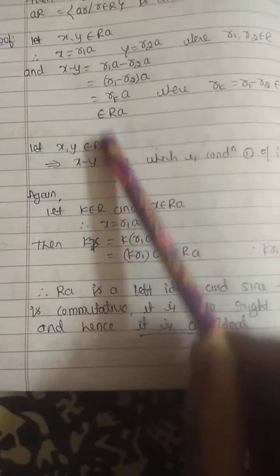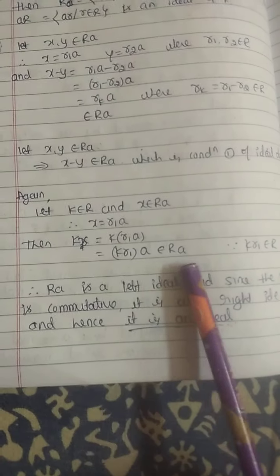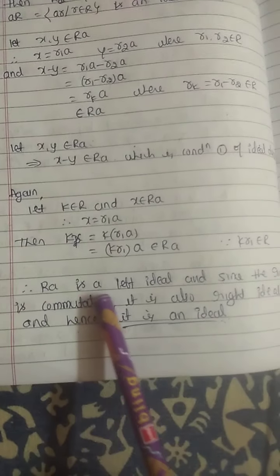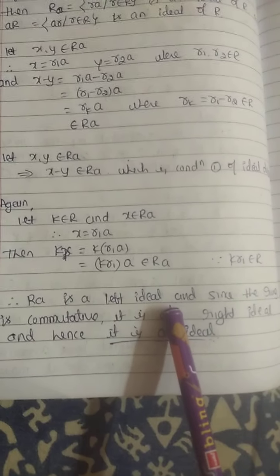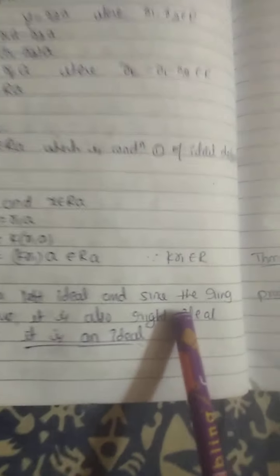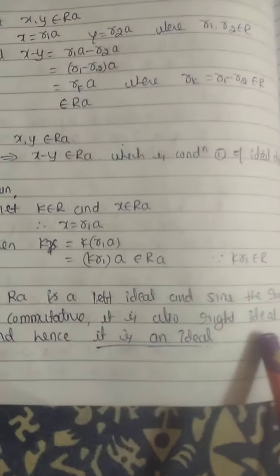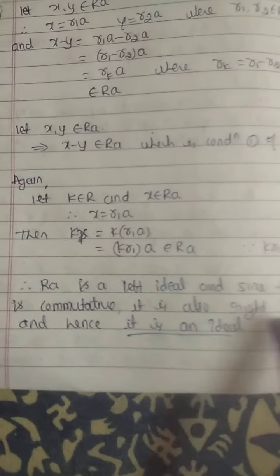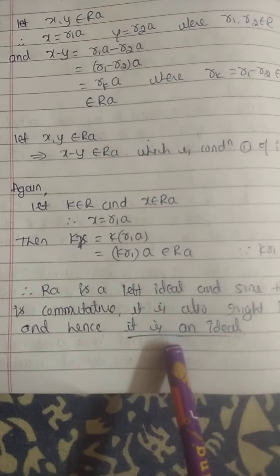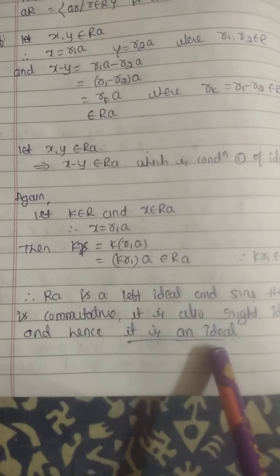Here, these two conditions are satisfied. Therefore, Ra is a left ideal, and it is given that R is a commutative ring. Ra is a left ideal, and since the ring is commutative, it is also a right ideal. Hence, Ra is an ideal. It is a left ideal as well as a right ideal.